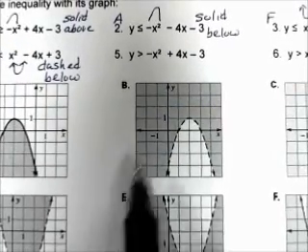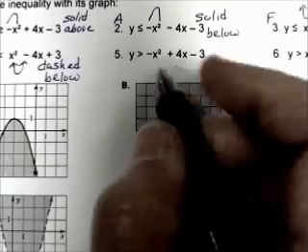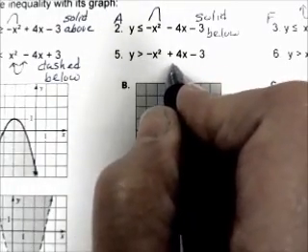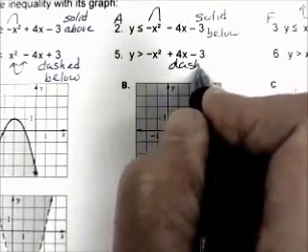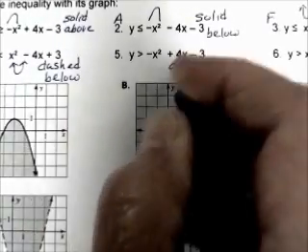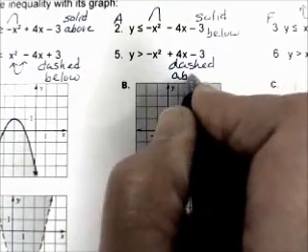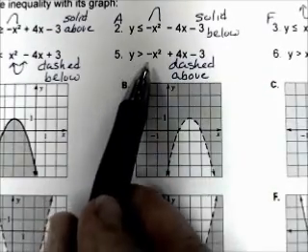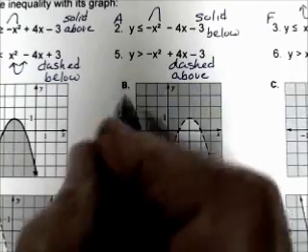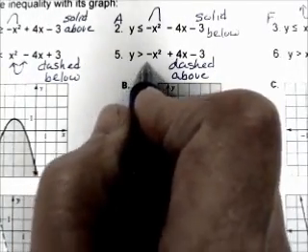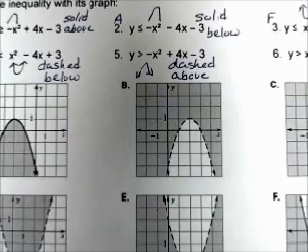Number 5, greater than, dashed, greater than, shading above, and lead coefficient is negative, so our parabola would be concave down. So dashed, concave down with shading above.